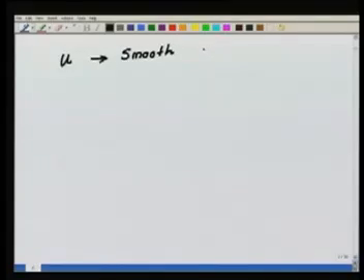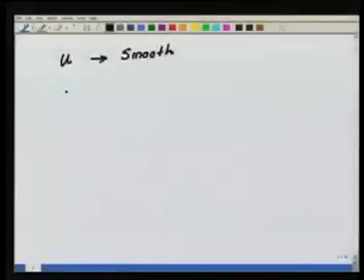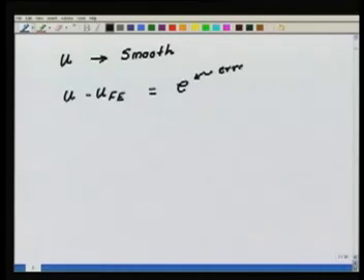Okay. So if now the solution is smooth, let's say in this case U is smooth, then we will be interested in knowing how well my finite element solution is performing as compared to the exact solution. So we will be talking about U minus U finite element, which we are going to call again our error. This is the error in the current finite element solution.